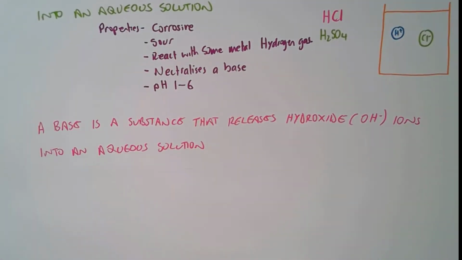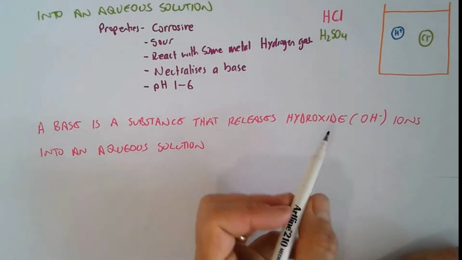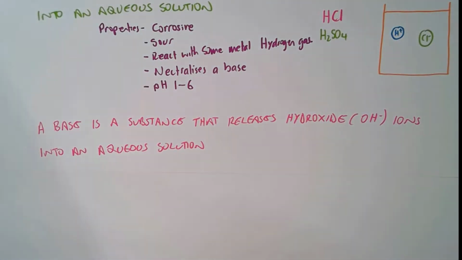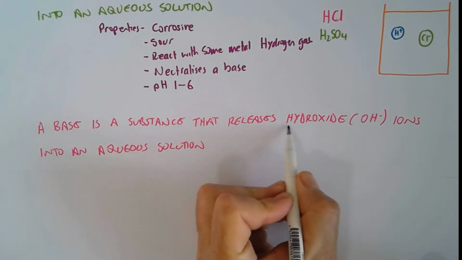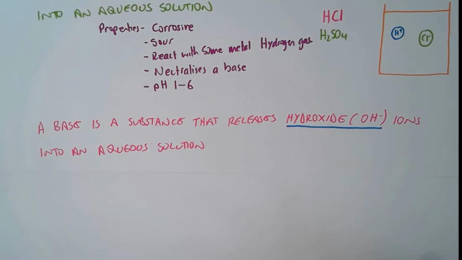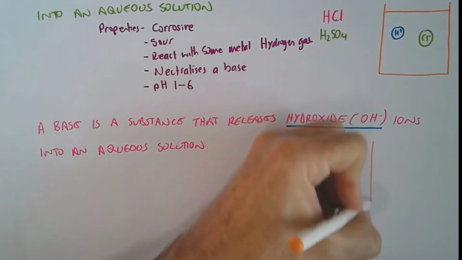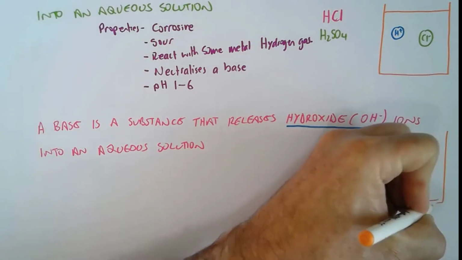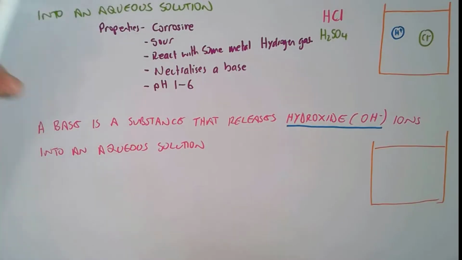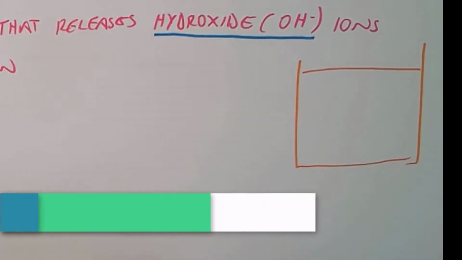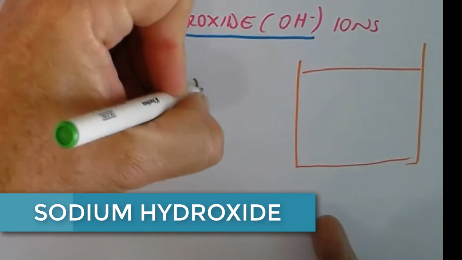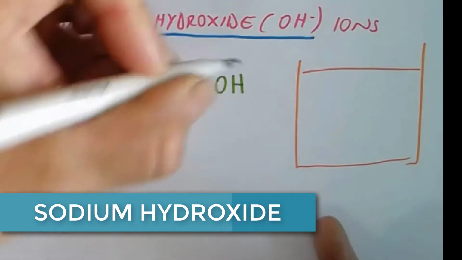A base is a substance that releases hydroxide ions into solution. Now, hydroxide is OH-. So again, we'll put it into a beaker of water. The base that I'm thinking of is sodium hydroxide, NaOH.